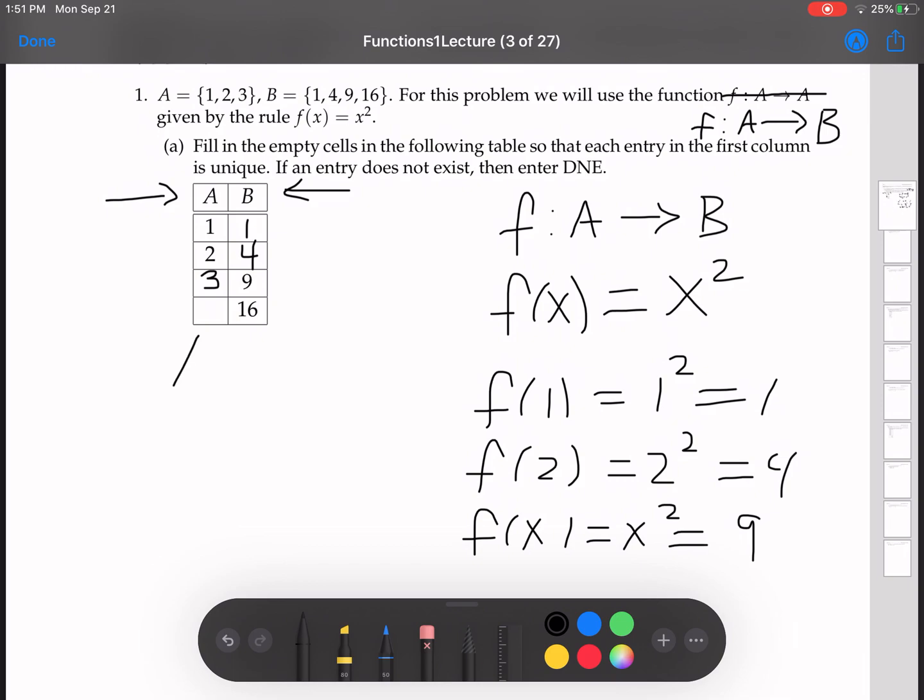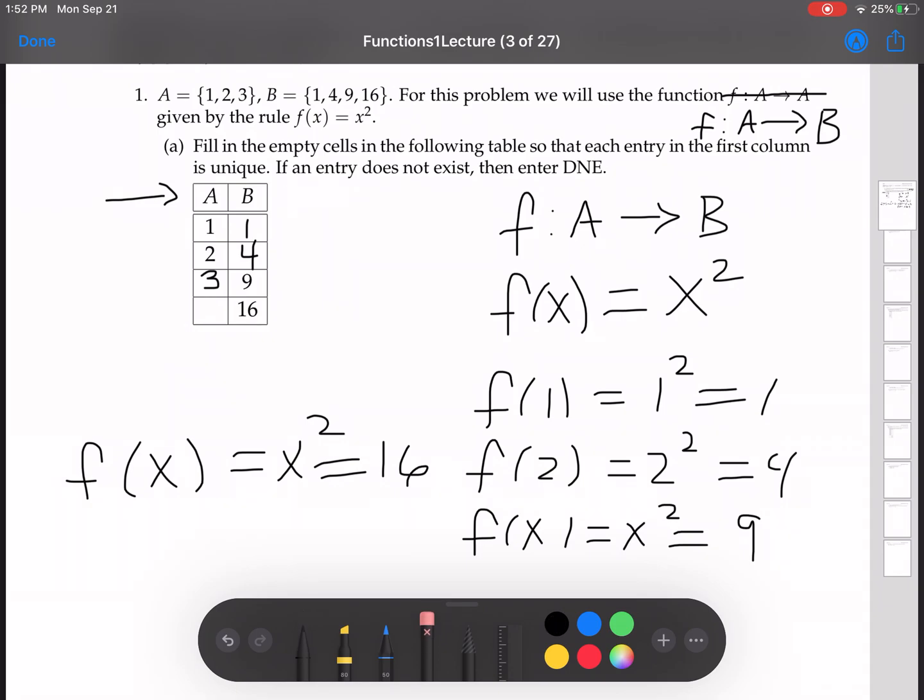Now we need to figure out what goes there. Well, let's see. f of x equals x squared equals 16. Now you might be saying, aha, I know what goes there. It's a 4. But it's not. This really is does not exist.